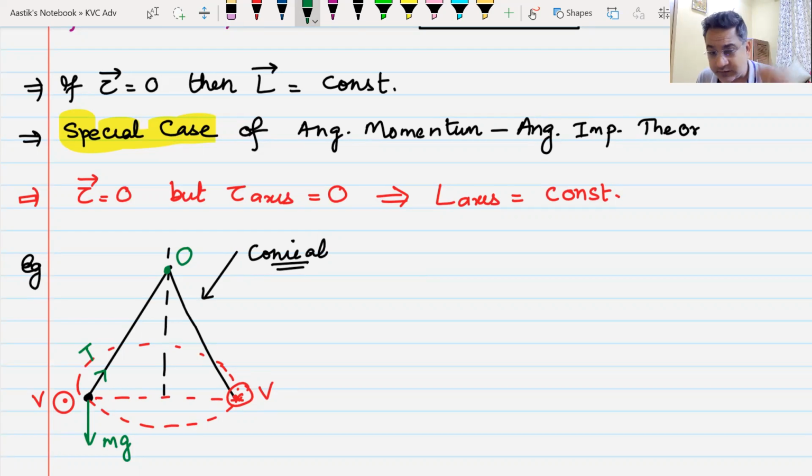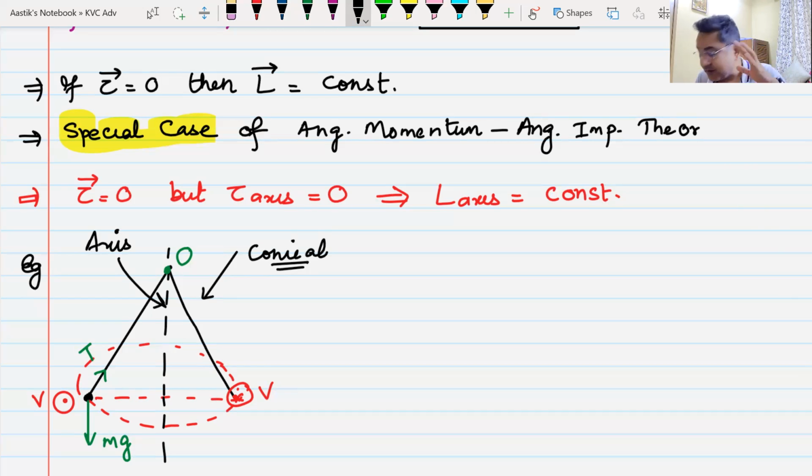And what is that axis about which the torque of weight is zero? This axis which is parallel to this weight. Now this axis passes through the point O. Therefore, the torque of tension is already zero because it is cutting.